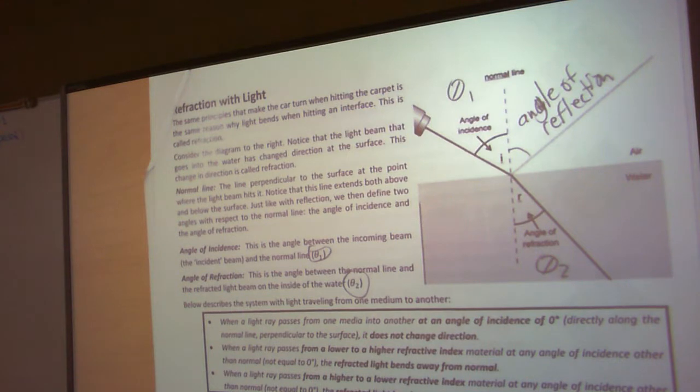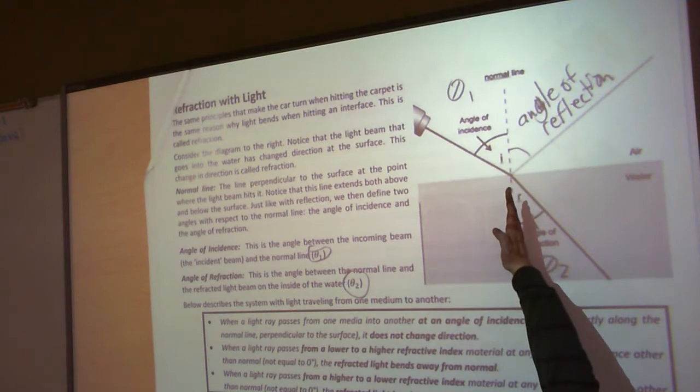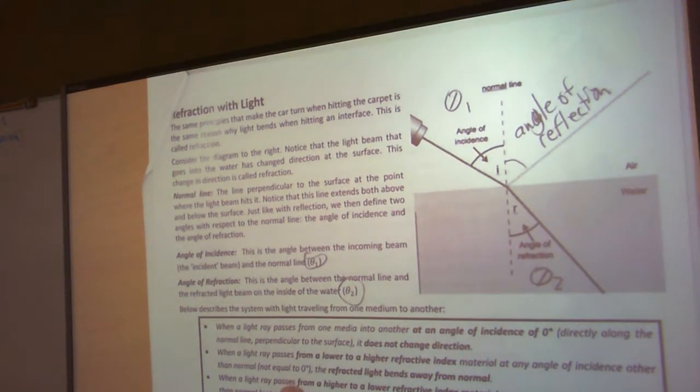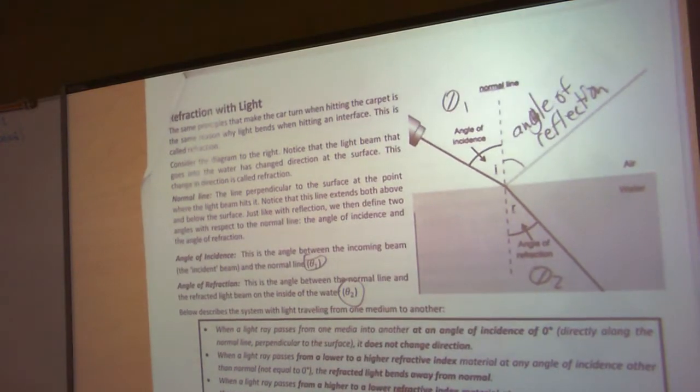So let's read this summary table. Number 1 is right. When light passes from one media to another at an angle of 0, that's normal. It just goes straight through. So if we were going directly along the normal line, the light's just going to go through. What about when we go from a lower to higher refractive index?